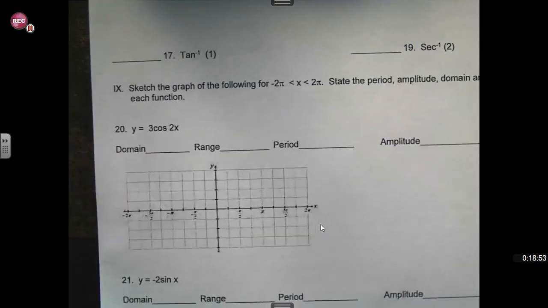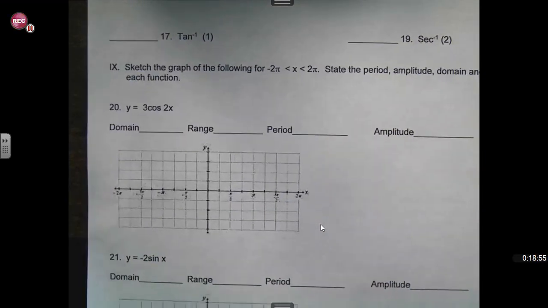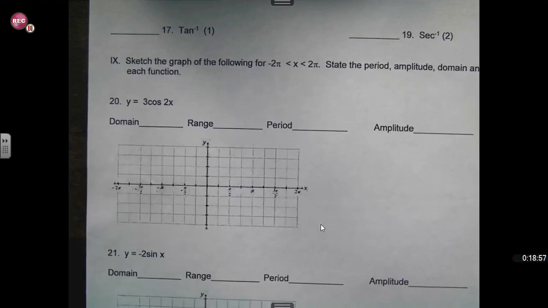So I don't know why I tore that paper out. I'm going to actually just do these on here so that I'm using the same graph paper that you're going to have. So 3 cosine 2x. The amplitude is going to be 3. That's the number in front there.